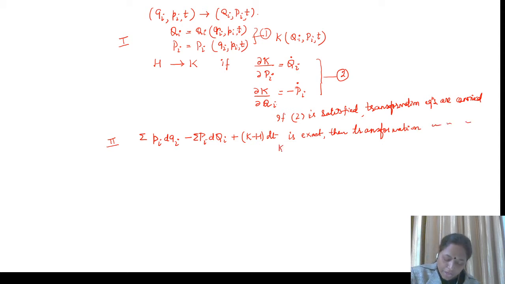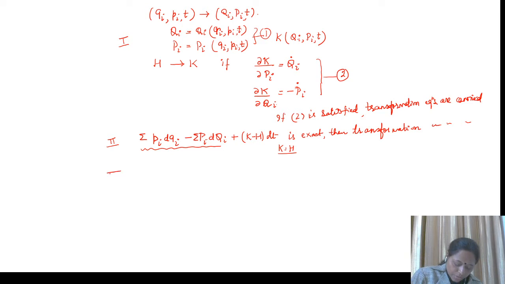And if K is equal to H, that means t is not involved, then you are left with this condition only, that this should be exact. From the exactness of this expression, we found F1. With the help of F1 we found F2, F3 and F4, and ultimately the Maxwell relations. So either we show that this is exact, or we show any of those relations to be satisfied, we may say that the transformation equations are canonical.